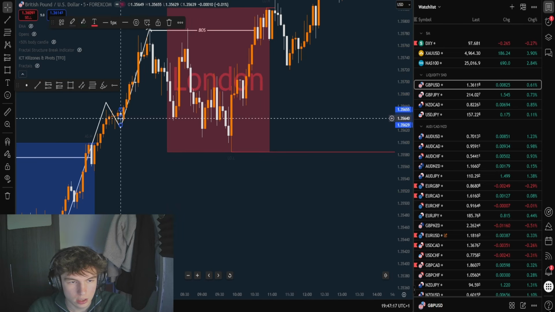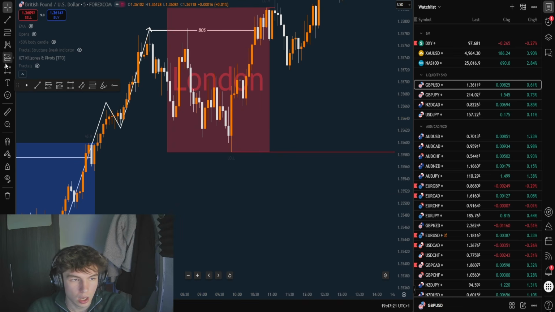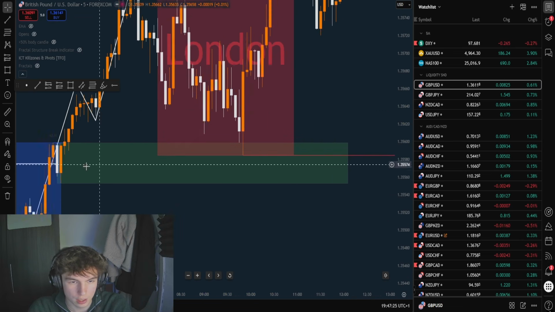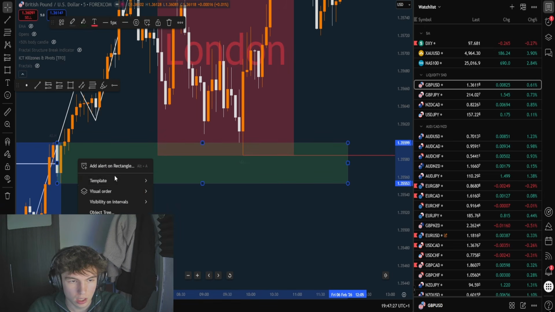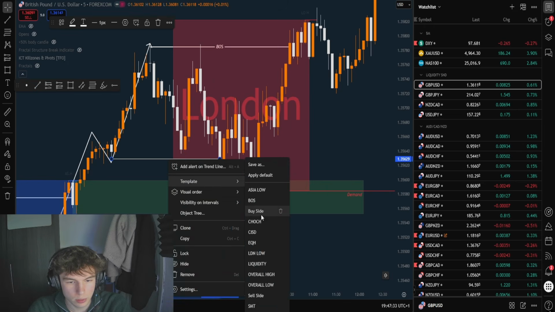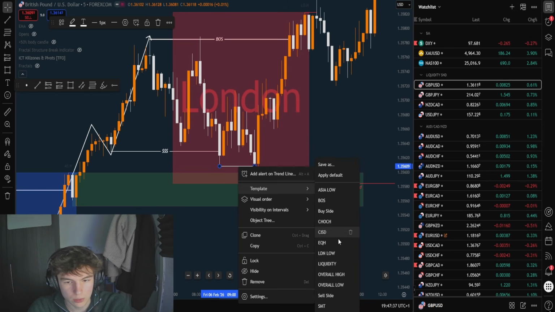What is this? This is an area of demand. What is this? This is an area of demand. So this is going to be used as liquidity. This is going to be used as liquidity.